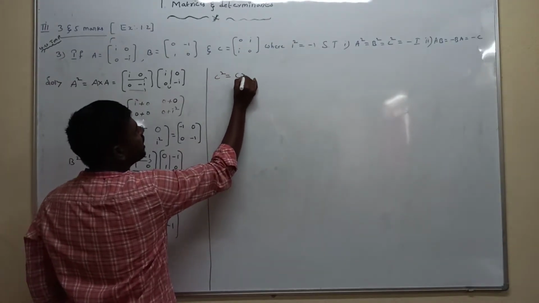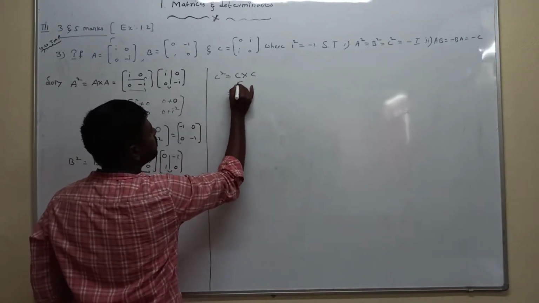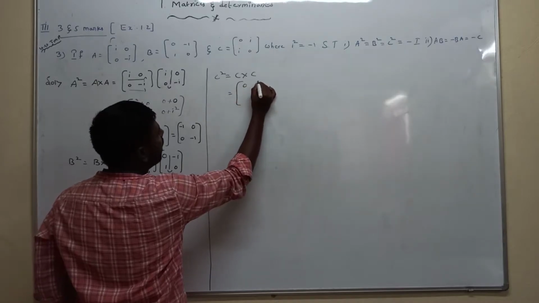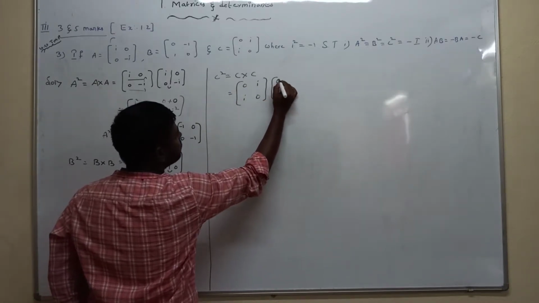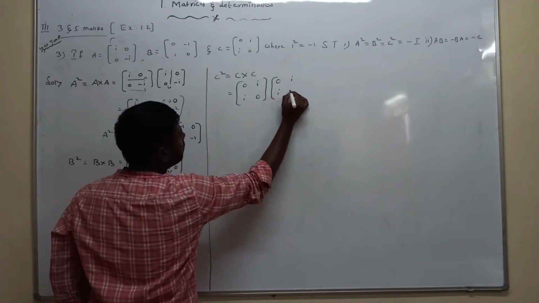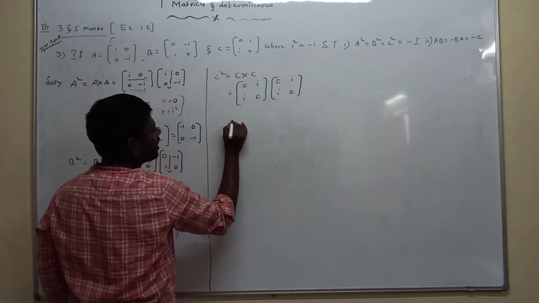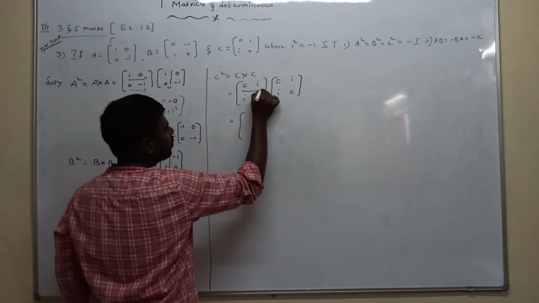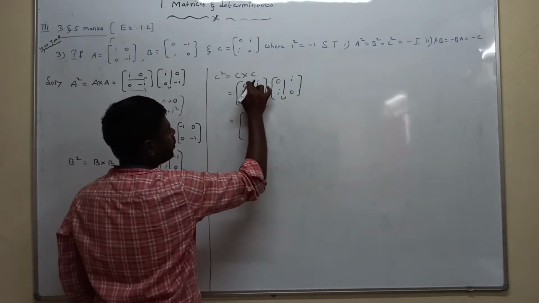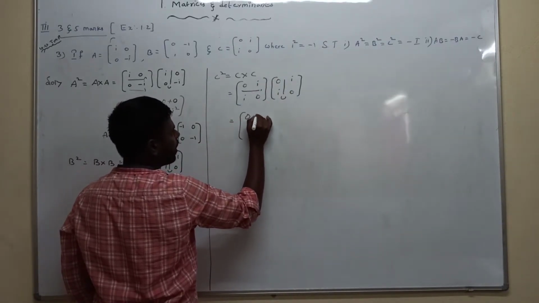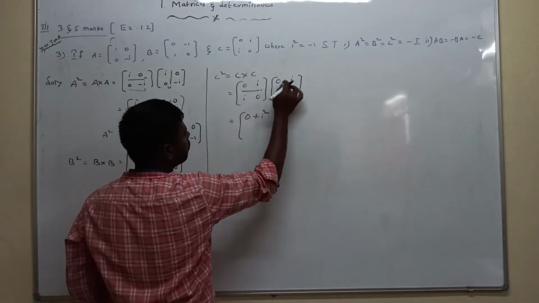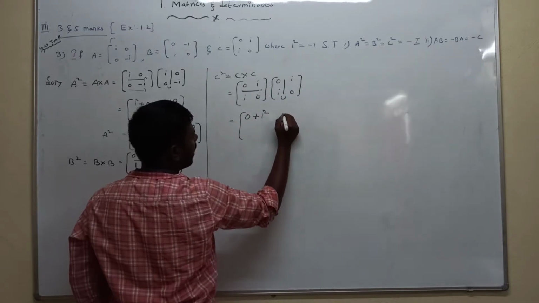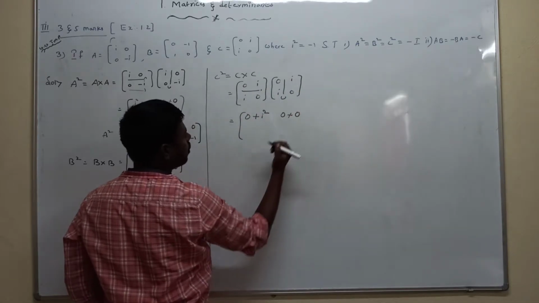C square can be written as C into C. Substitute C matrix as 0, I, I, 0. Again substitute C matrix 0, I, I, 0. Product of those two matrices. First row, first column: 0 into 0, 0 plus I into I square. Then first row, second column: 0 into I is 0 plus I into 0, 0.